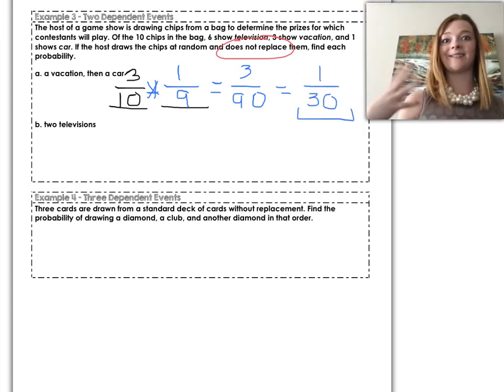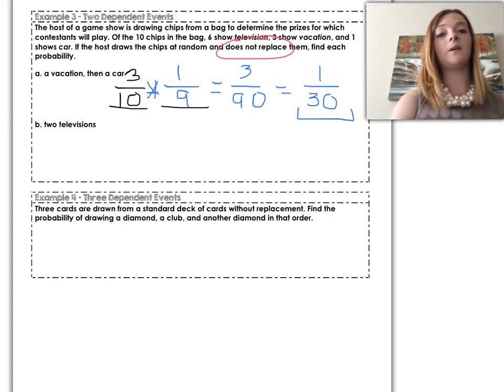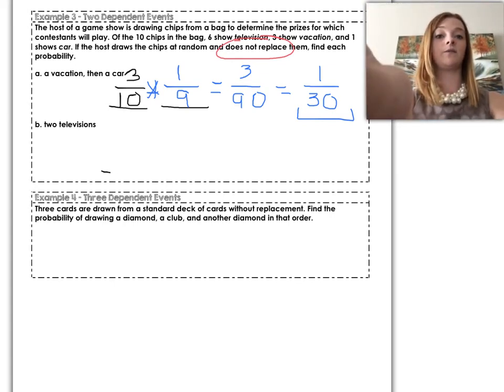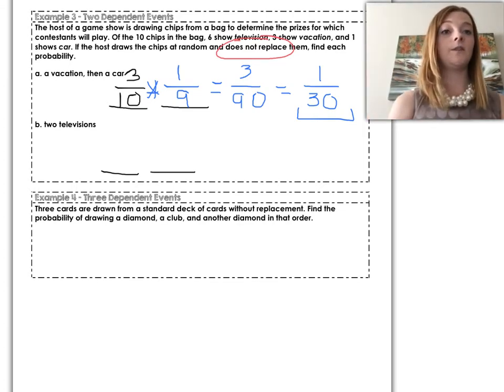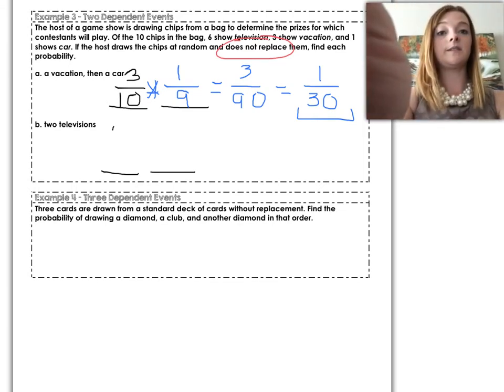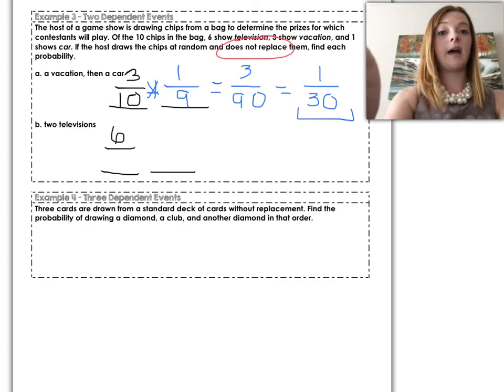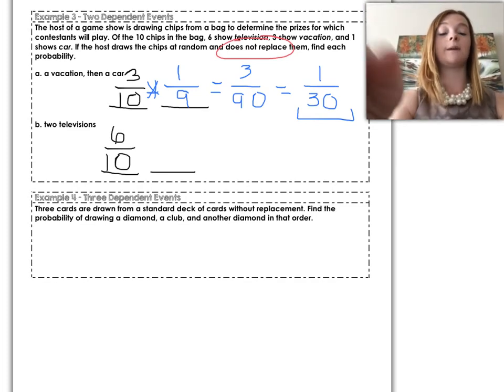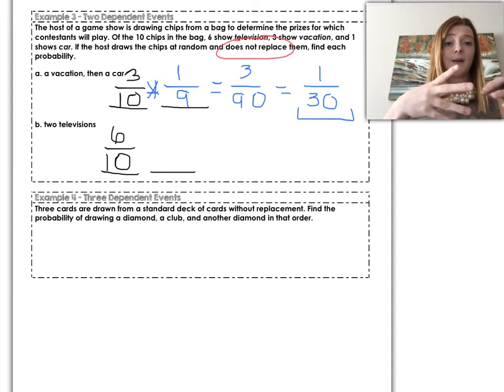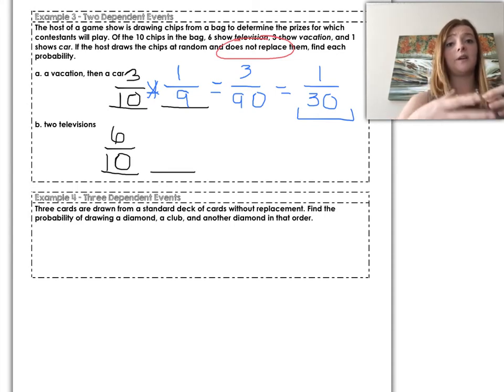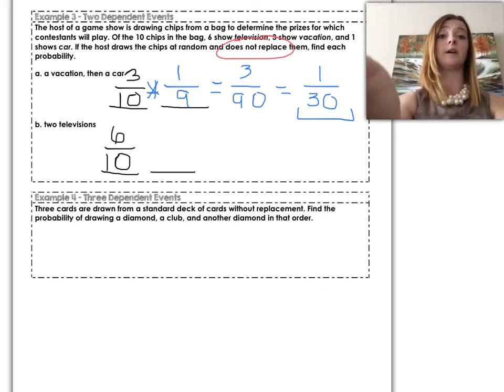So slim chances here. Next probability, we have 2 televisions. So we have first draw being a television and the second draw being a television. So in the first probability, there are a total of 6 television chips out of 10 total chips. Now the next probability, we are under the assumption that that first draw did actually take out a television chip.